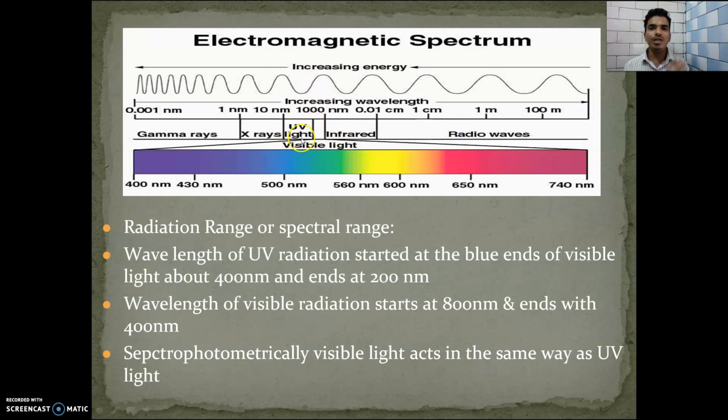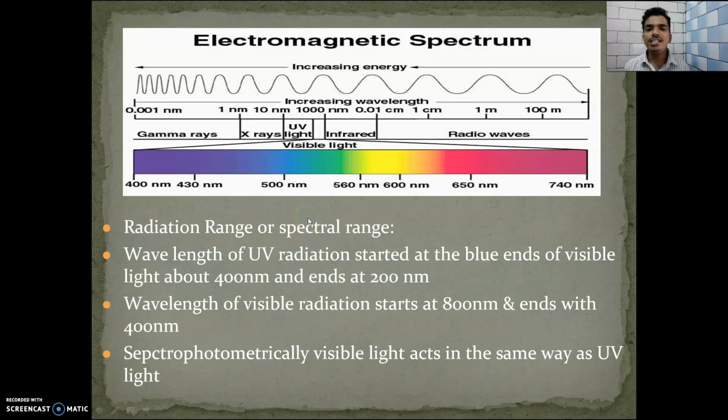We bombard UV radiation on our component and analyze the compound. We can also use infrared, radio waves, gamma rays. These are the different branches of the electromagnetic spectrum we can study, but right now we only concentrate on UV light.